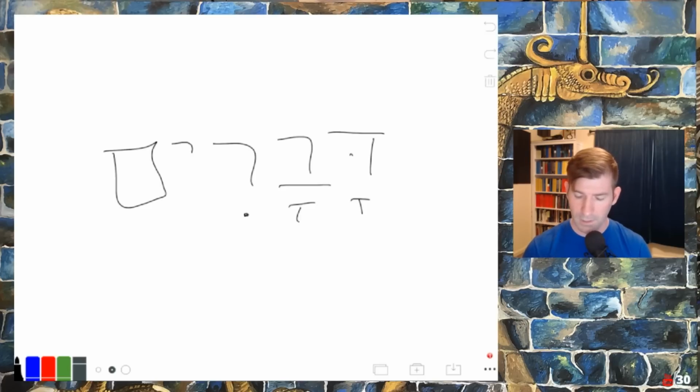I'm just trying to show you something here. So when you make the word davar a plural, the plural is devarim. So here's the difference. Davar, two long A vowels. And then devarim, you can hear that first syllable goes down. So it's like it shortens.